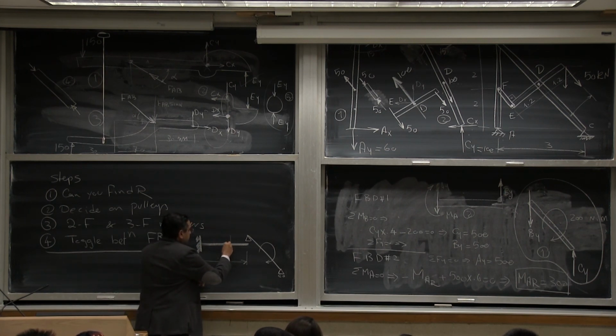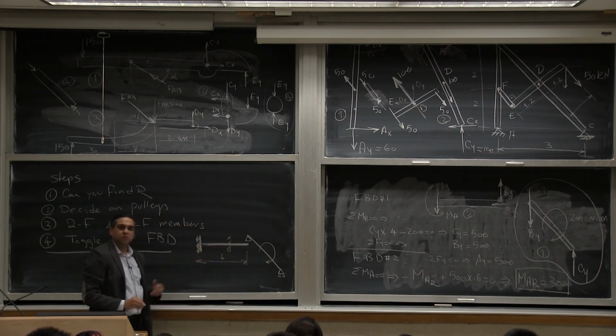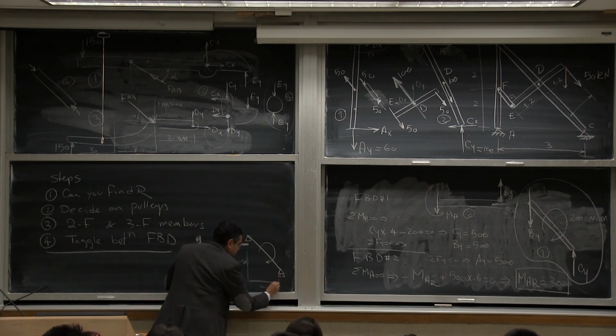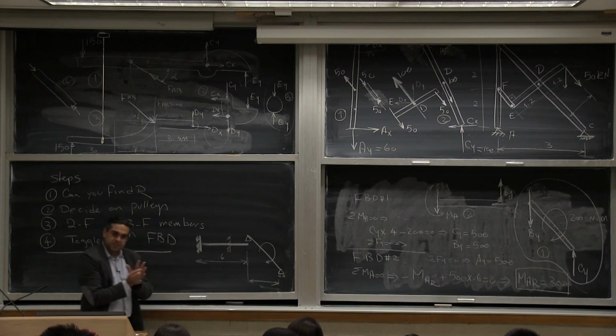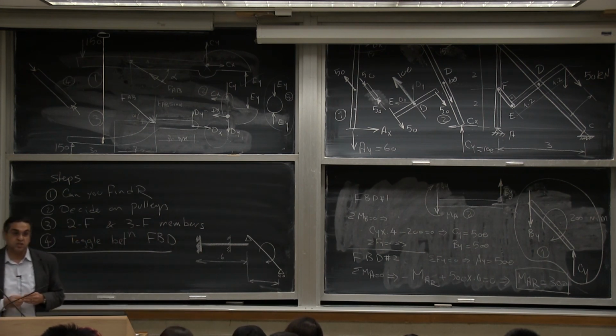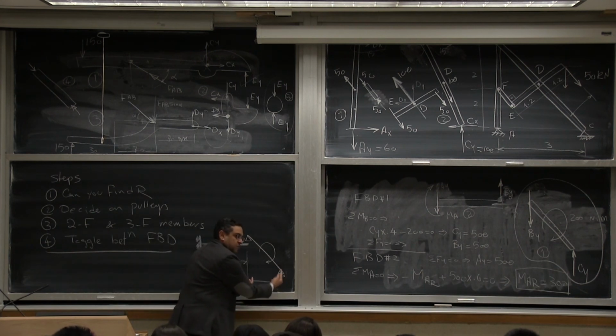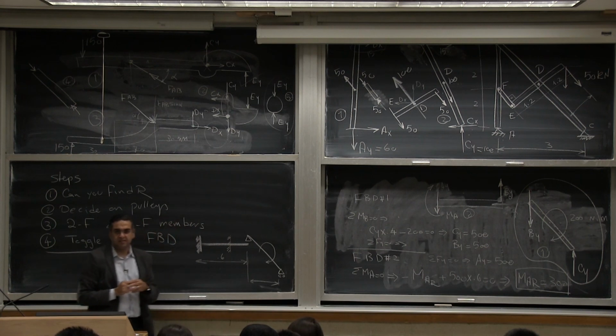If I make it smaller, the reaction moment will be smaller. If I make this distance also smaller, the forces required are going to change. So if I make this smaller, this is not going to be 500, it's going to be more. If I expand it, it's going to be less.